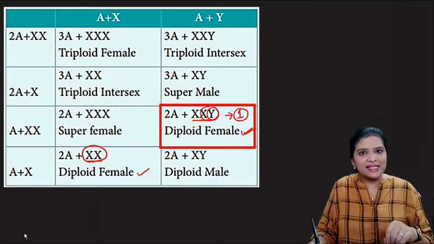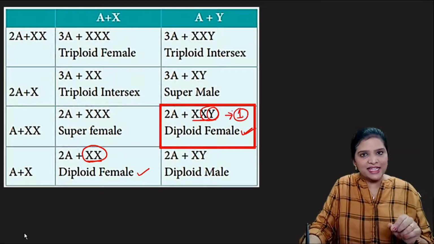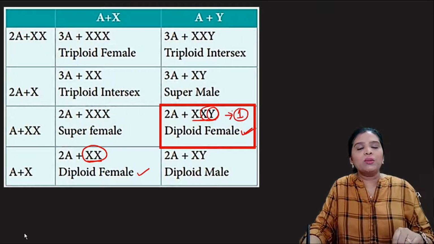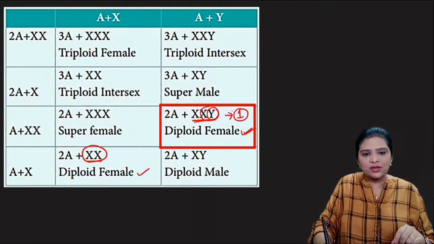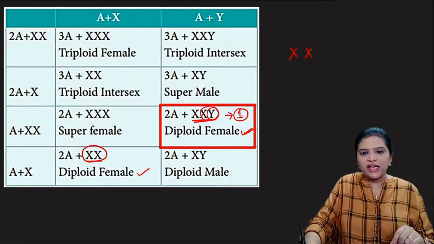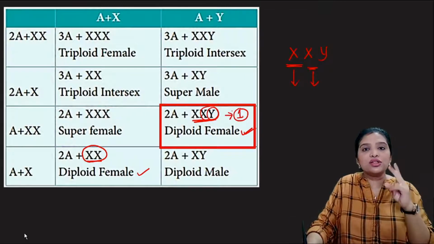Not only the sex ratio, this sex lethal gene has an important role in this. Using the sex lethal gene, the sex ratio is determined. See here, for example, in this combination XXY is present, right? That means the X chromosome is present double.